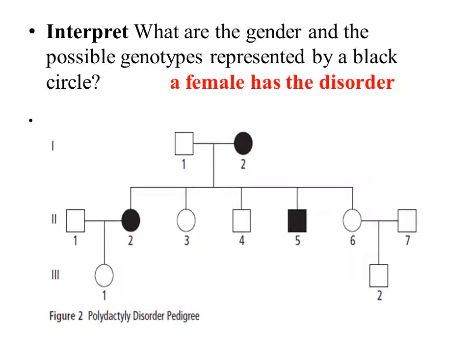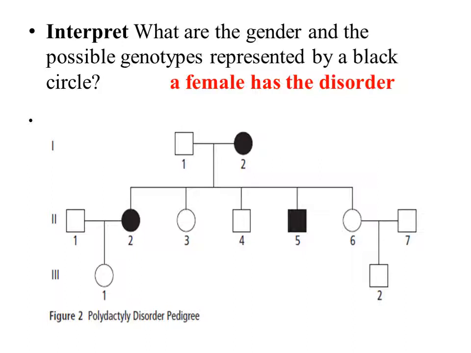In the polydactyly disorder pedigree, what are the gender and the possible genotypes represented by a black circle? Here, a black circle shows the phenotype or the disorder because it is shaded. Circles mean females. A shaded circle means has the disorder.